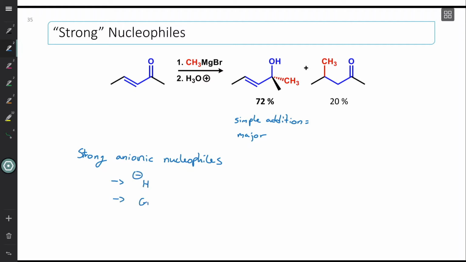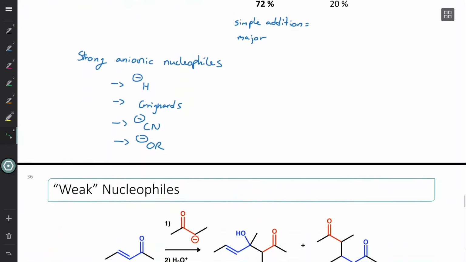Grignards fall into this category. Also, other anionic, we have nitriles and strong bases, right? These are considered strong anionic nucleophiles because they have that concentrated negative charge. They are better at attacking straight into the carbonyl. That's their preferred method. So you'll see some conjugate addition as well, but they prefer doing the simple addition. They attack this carbon as well.